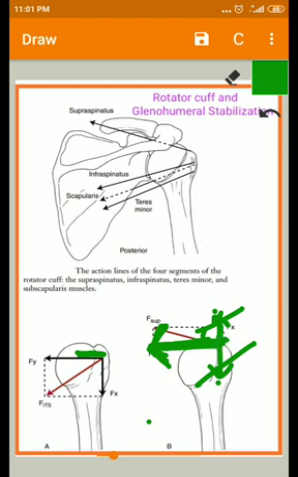So the supraspinatus muscle itself acts as an abductor of the shoulder without any other muscles involved. That means only the supraspinatus has the capacity to produce abduction because its translatory forces are balanced by the gravitational force here. But that does not happen in the deltoid.